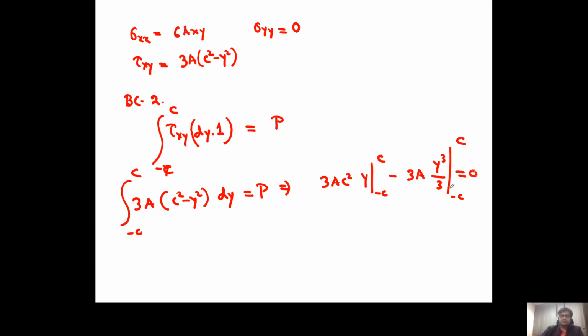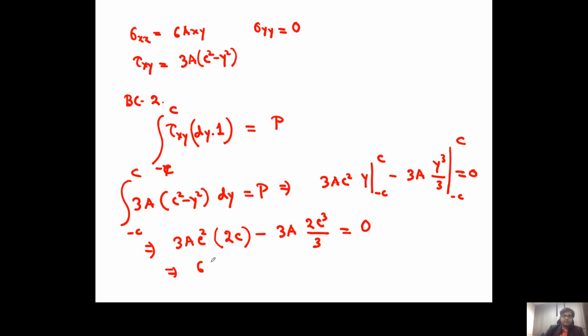This gives us 3a c square times (c minus of minus c), so this becomes c plus c, which is 2c, minus 3a times y cube by 3, so that is c cube by 3 minus of minus c cube by 3, which becomes 2c cube by 3.